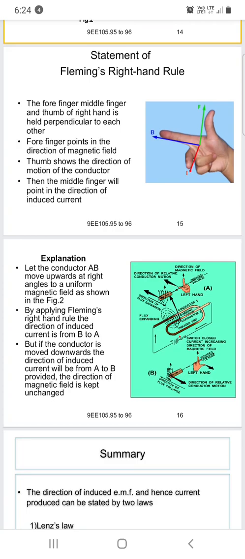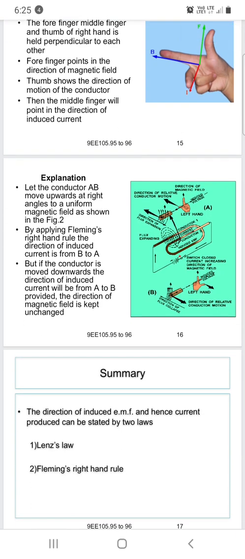So here the explanation is also given. Let the conductor AB move upwards at right angle to the uniform magnetic field shown in the figure. You have to observe figure 2.